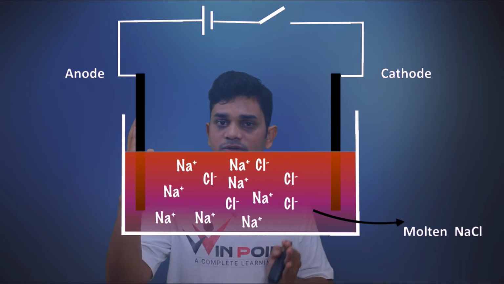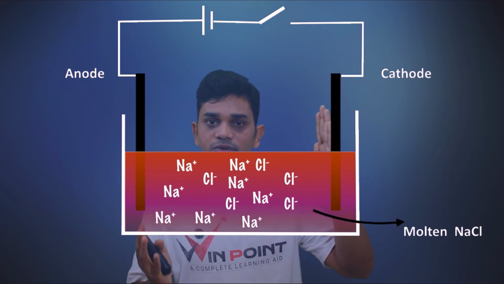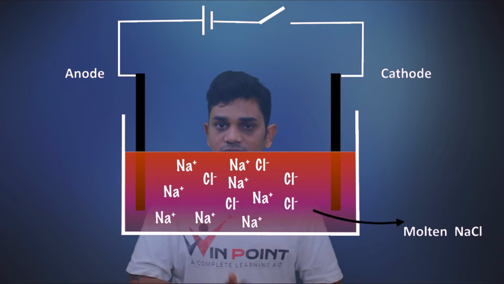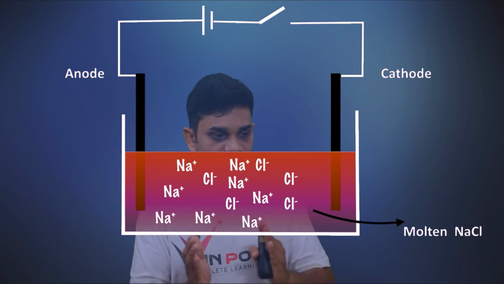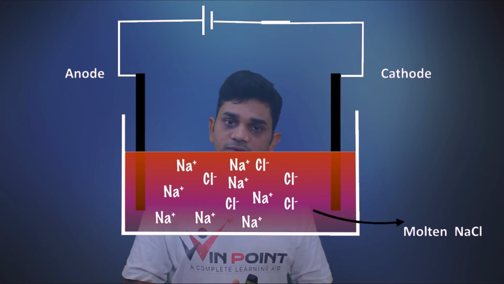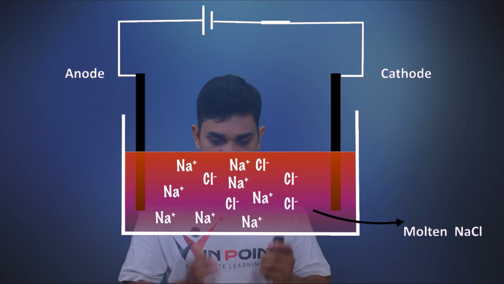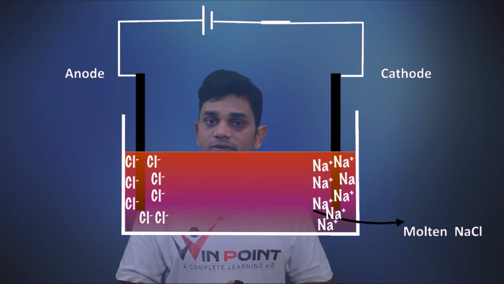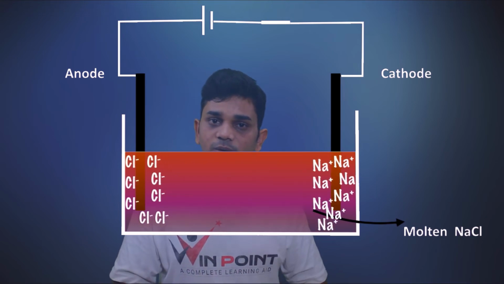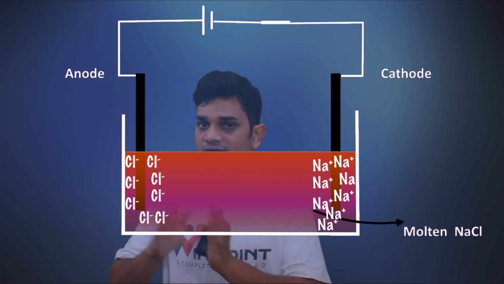All the negative ions are going to shift towards the anode and all the positive ions are going to shift to the cathode. Here you can see that. Now the ions are separating. All the Na plus ions are depositing at the cathode and all the Cl minus ions are depositing at the anode.